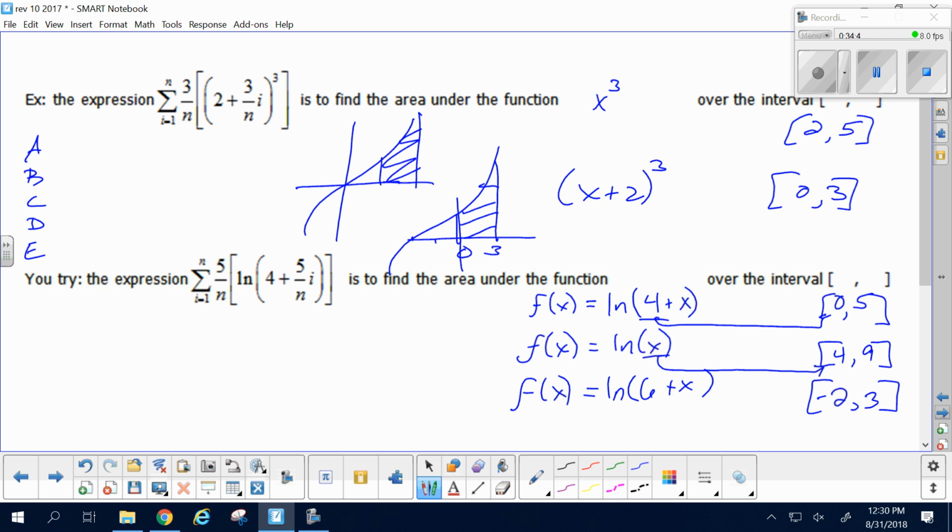If I started at, let's actually go here. This graph, wouldn't that be left 4? Yeah. And 0 to 5 would be here. How about this guy then? It would be left 6.